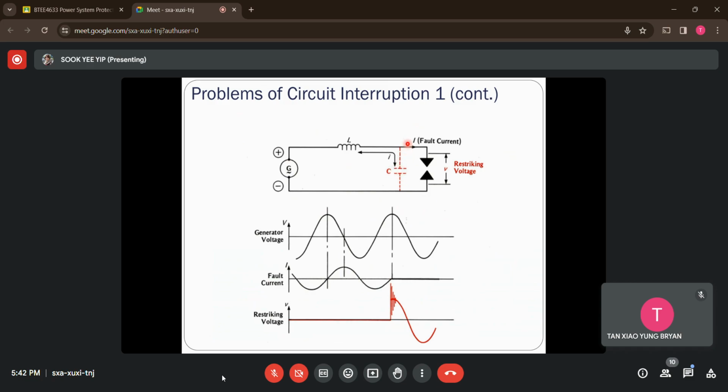Seeing as this path is a parallel connection, the same voltage will appear across the contacts of the circuit breakers, and this voltage helps the arc to restrike again. That is basically the problem we might face if we want to isolate these faulty transmission lines by using circuit breakers. So what can we do to stop this arc from restriking again?